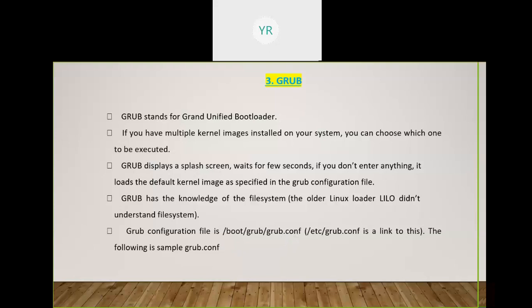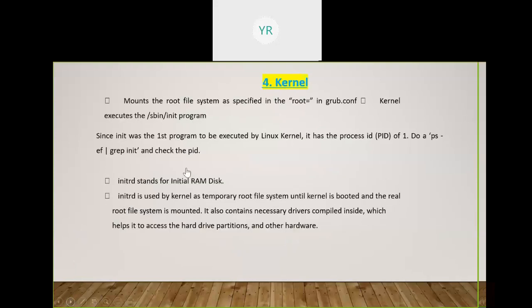Okay, next stage is the kernel. So kernel is the heart of the system, your operating system. What the kernel will do is, it mounts the root file system as specified by root equal in grub.conf. We will specify what is that root file system.